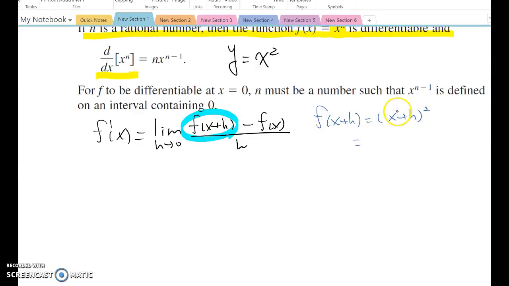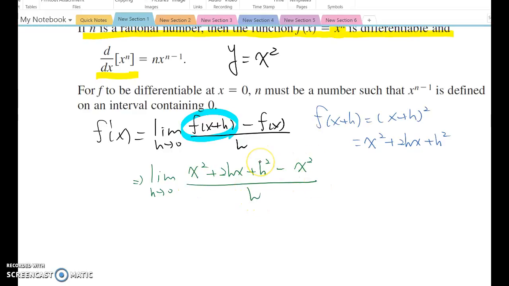So it becomes x squared plus 2hx plus h squared. Afterward, you use the FOIL method and plug that into this formula. Then the limit as h moves to 0 of x squared plus 2hx plus h squared minus x squared over h.